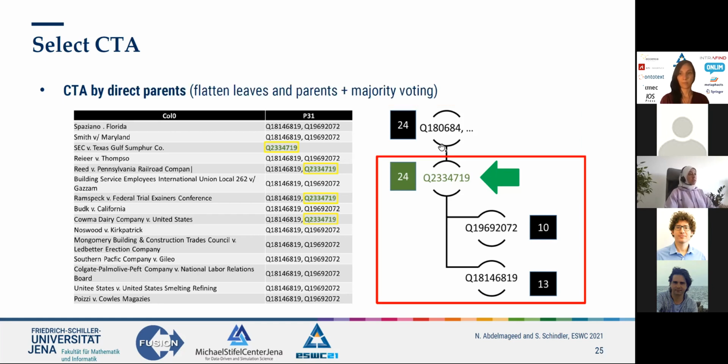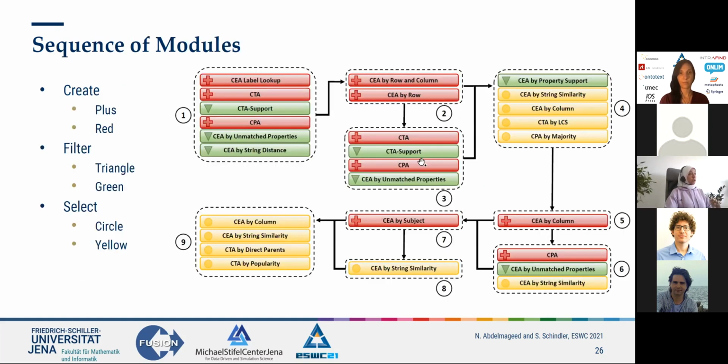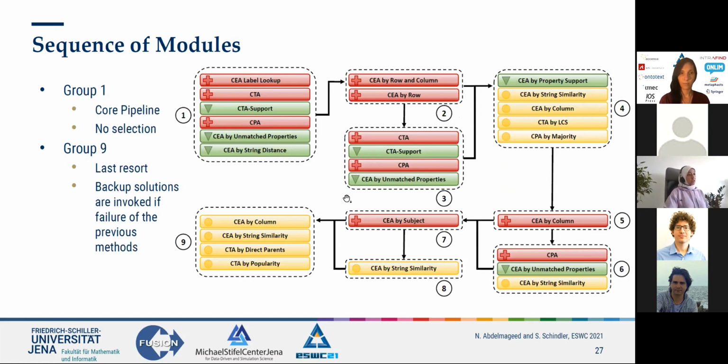CTA by direct parents involves one level up, then flattens all of these and picks the most co-occurred one using normal majority vote. For our pipeline, or the sequence of modules, we have these 9 groups.